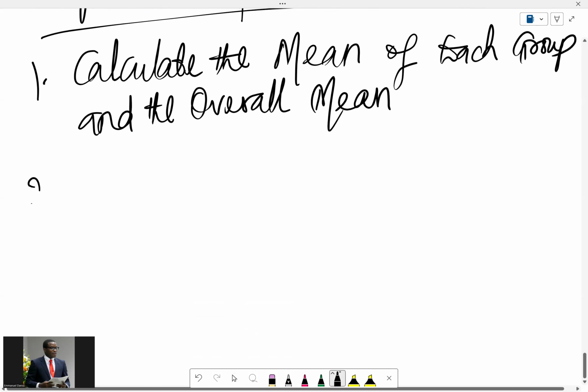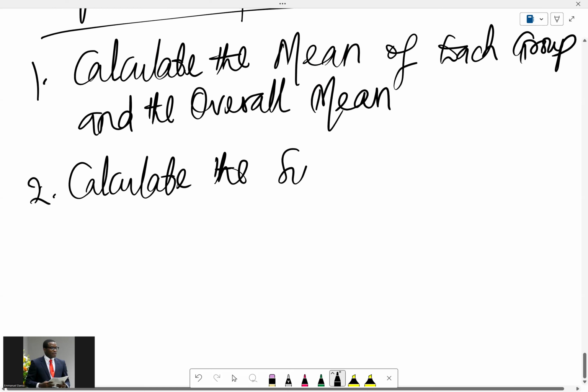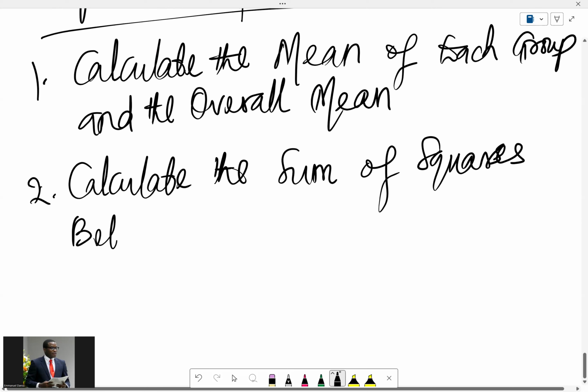The second thing is to calculate the sum of squares, the sum of squares between groups.